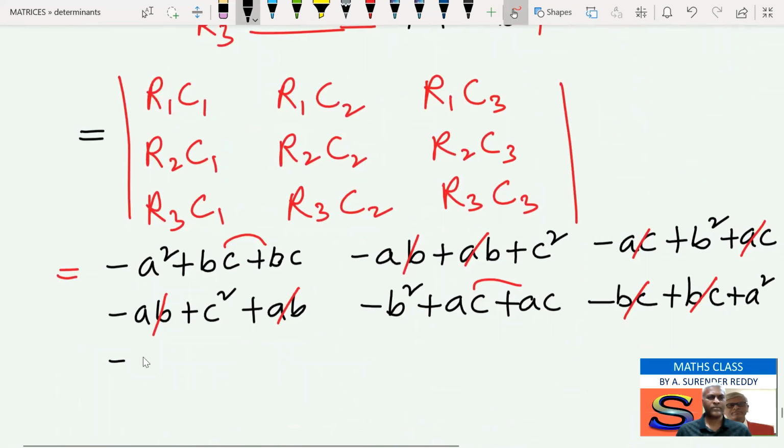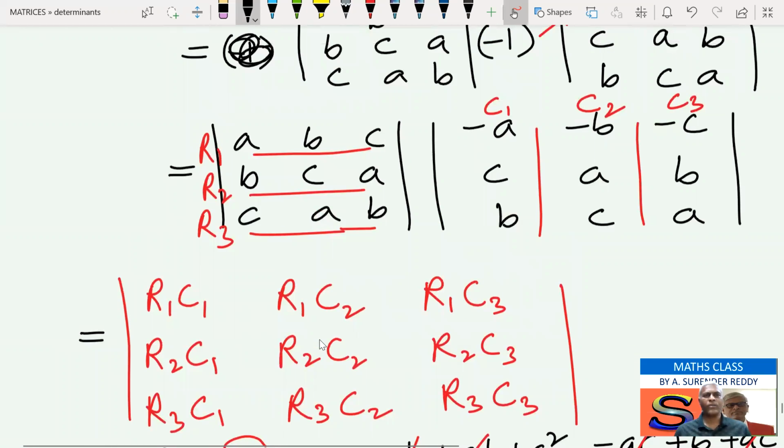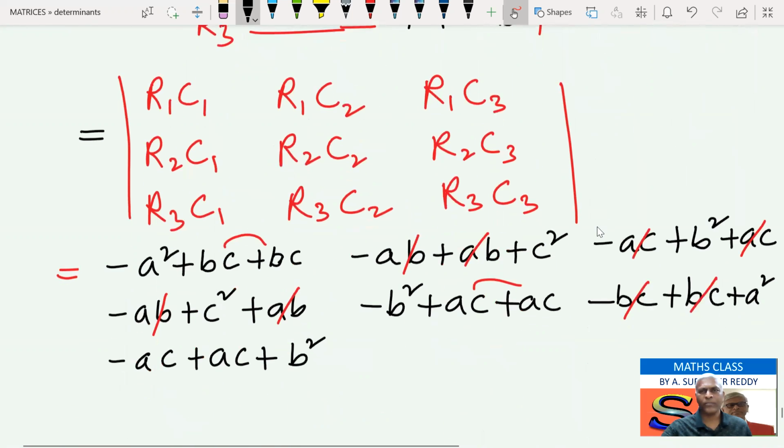Now R3 C2: C into B, minus BC, A into A, A square, B into C, BC.